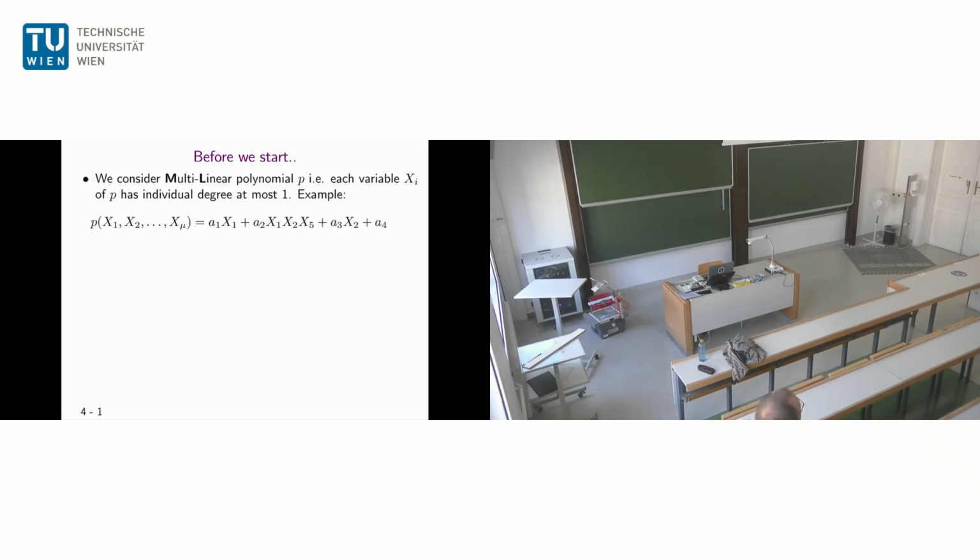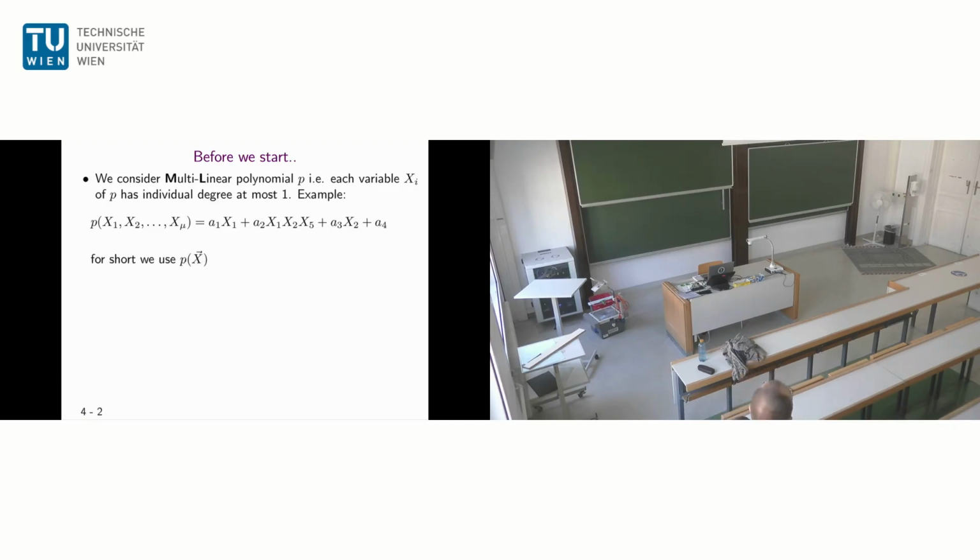So there will be no x1 to the power of something larger than 1, no x1 squared and so on. But you can have terms like this: a coefficient followed by some product of different variables, at most mu many, but none of them will have a higher power than 1.